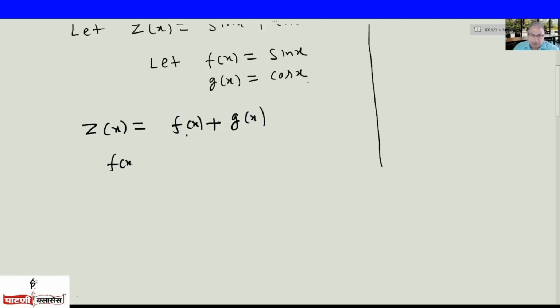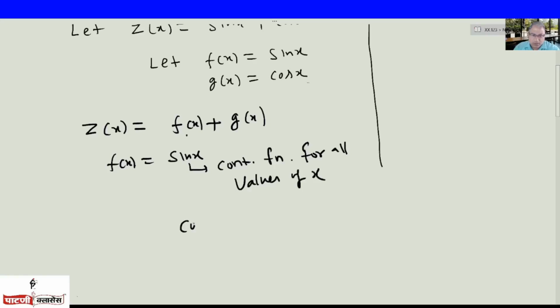F of x equals sin x. Sin x is a continuous function for all values of x. Similarly, cos x, that is g of x equals cos x, is also a continuous function for all values of x.